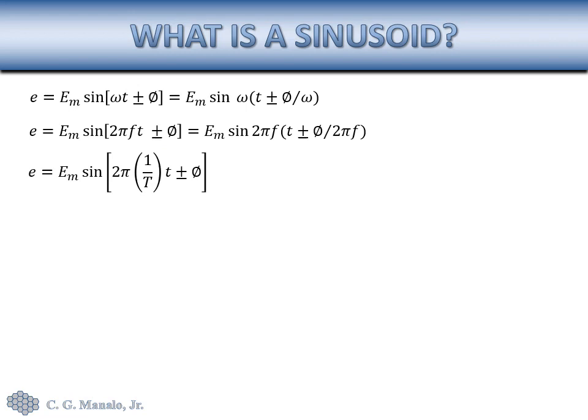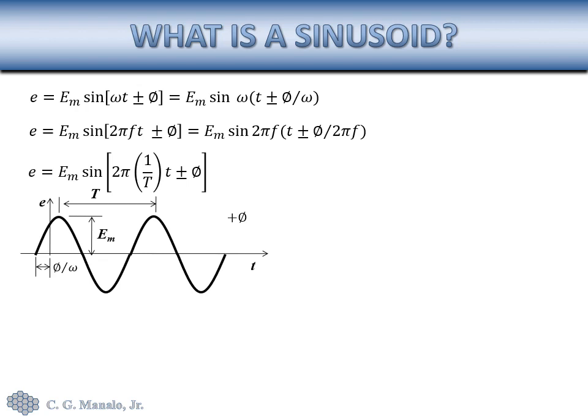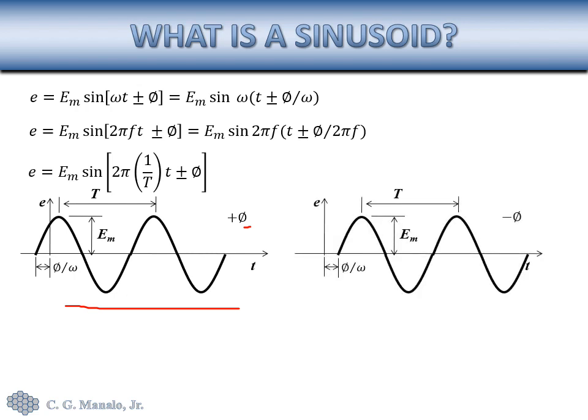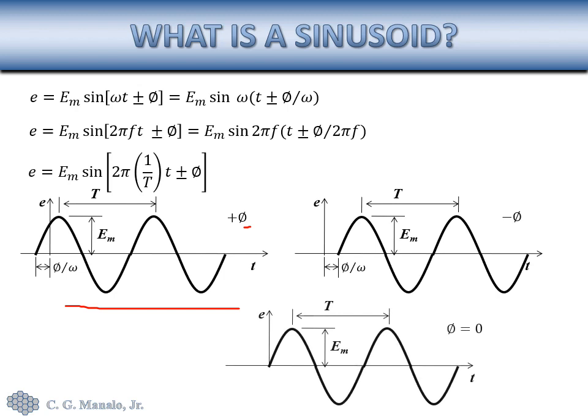How does the sinusoid look given its mathematical expression? If the phase angle here is positive, it would look something like this. While if it is negative, it would look like this. And if it is 0, it would look like this. So the difference here is where the sinusoid started.